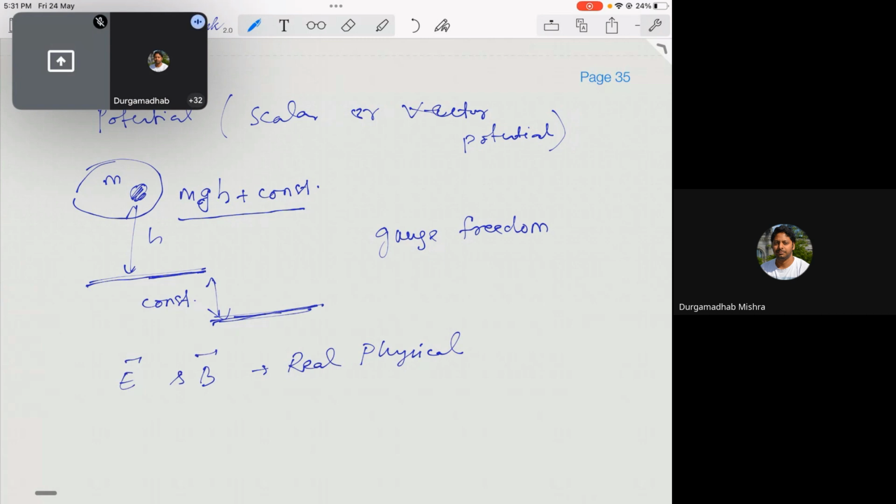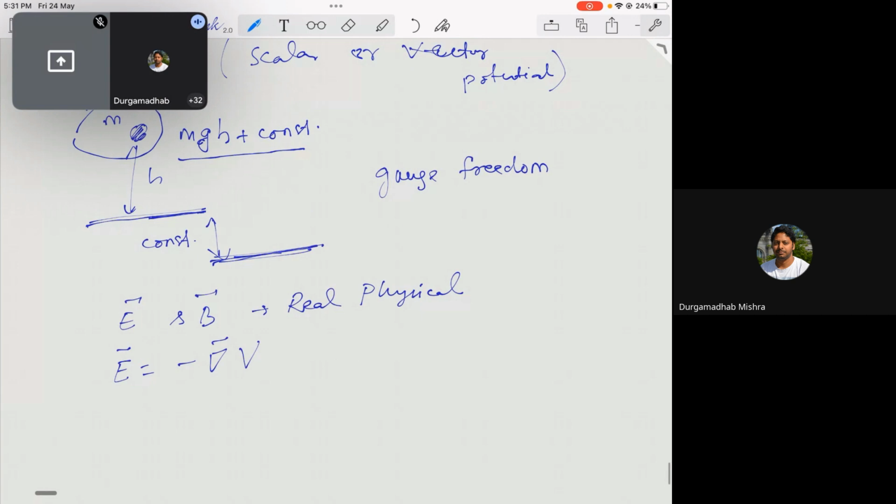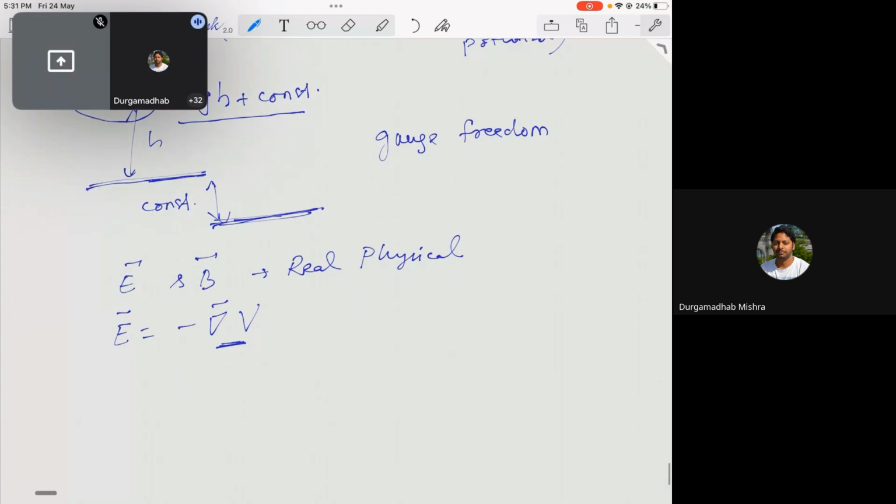Now, we can write the electric field as a gradient of a scalar potential V. If I do a transformation, I expect this electric field, which defines the reality, should not change. Okay, which is actually correct.